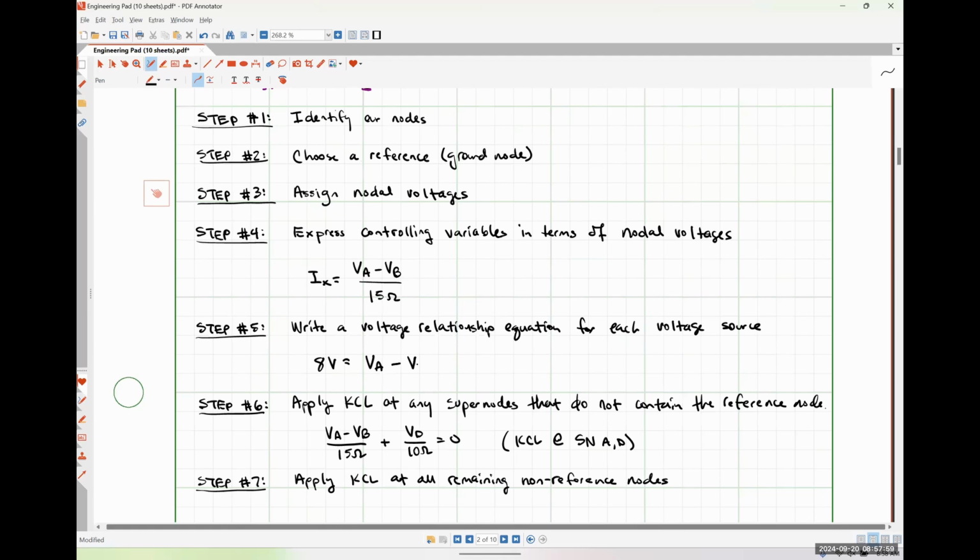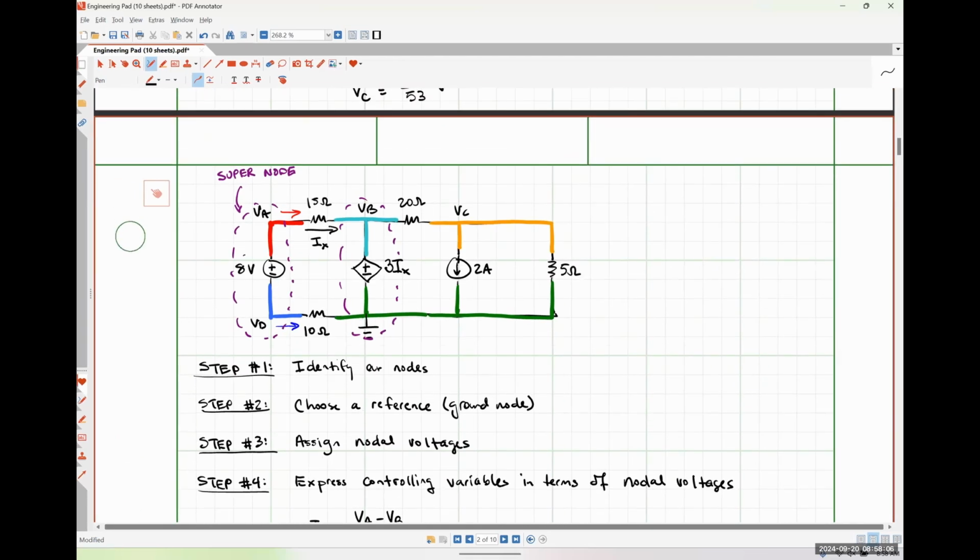So our voltage relationship equation is 8 volts is equal to VA minus VD. So it's just whatever voltage we are told we have is equal to the voltage at the positive polarity terminal minus the voltage at the negative polarity terminal, which is literally how we've been expressing voltages the whole time, right? So it's nothing new. It's just in a slightly different context than we saw before.